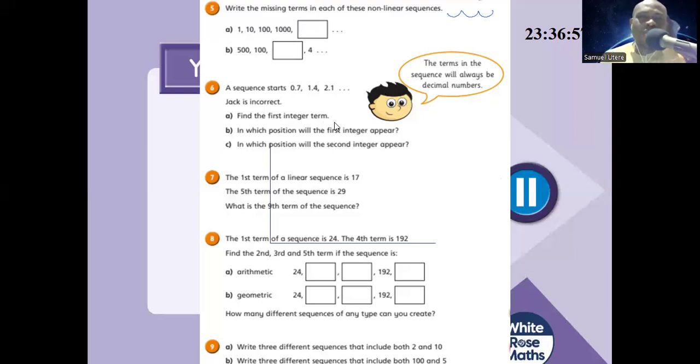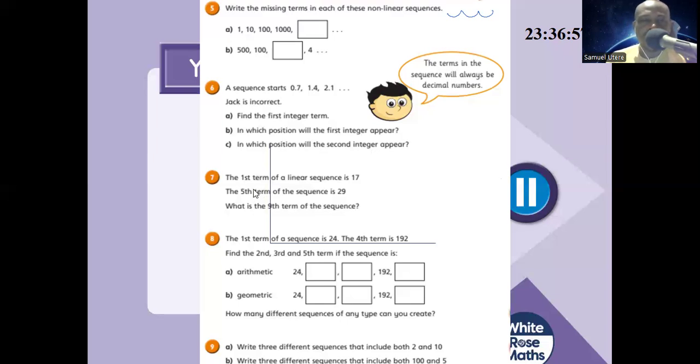There are different ways to do this, but at this elementary, foundational stage, I would like you to stick to the basic method of continuing to add each time until you get to the integer term which they've asked you to look for. Okay.